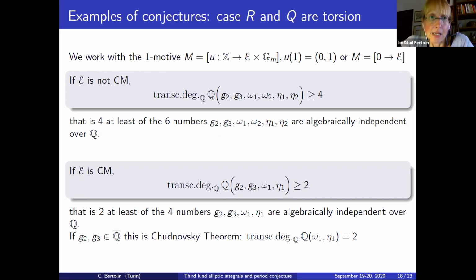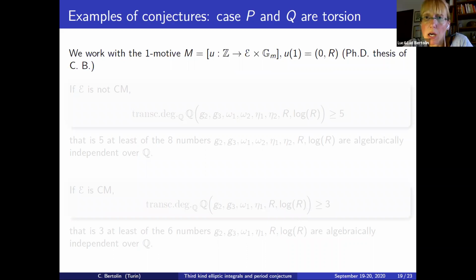Then, for example, if I choose P and Q torsion, I reduce to this case that I have studied in my PhD thesis. So Q torsion means that the extension G is trivial. So I have again the case A cross G_m. And P is torsion. The point above which lies the point R is torsion. But this means just that I can choose R living in G_m, and this time R is not torsion.